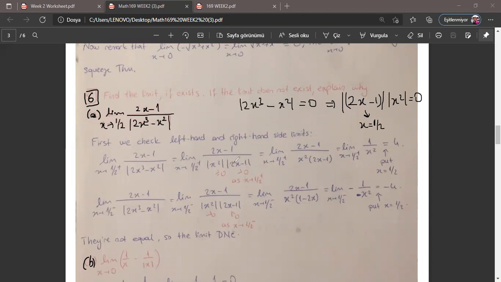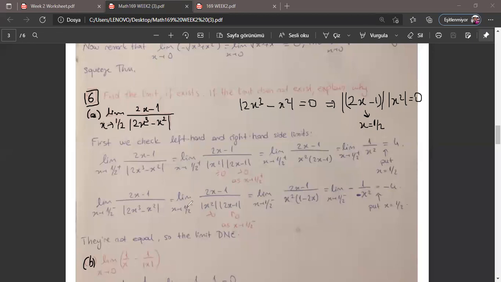So the inside of this absolute value will be greater than 0, which means we can write it without the absolute value. So we can simplify and we get 1 over x squared. If we plug 1 over 2 instead of x, we get 4.